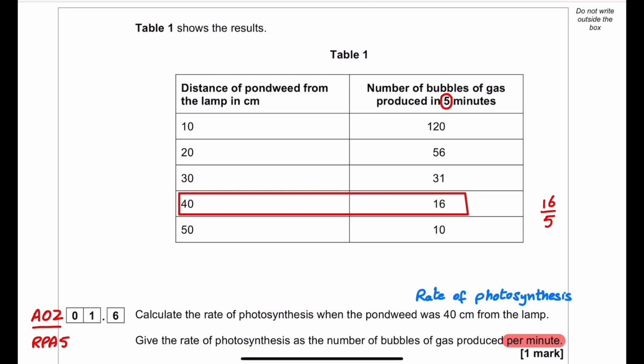That is approximately equal to 3.2. Or the student can say approximately 3 bubbles are produced in 1 minute.